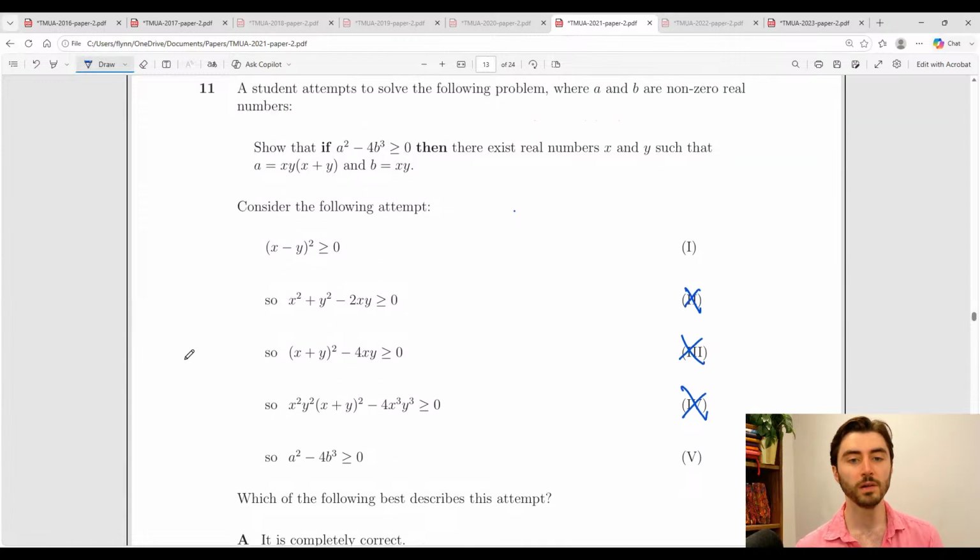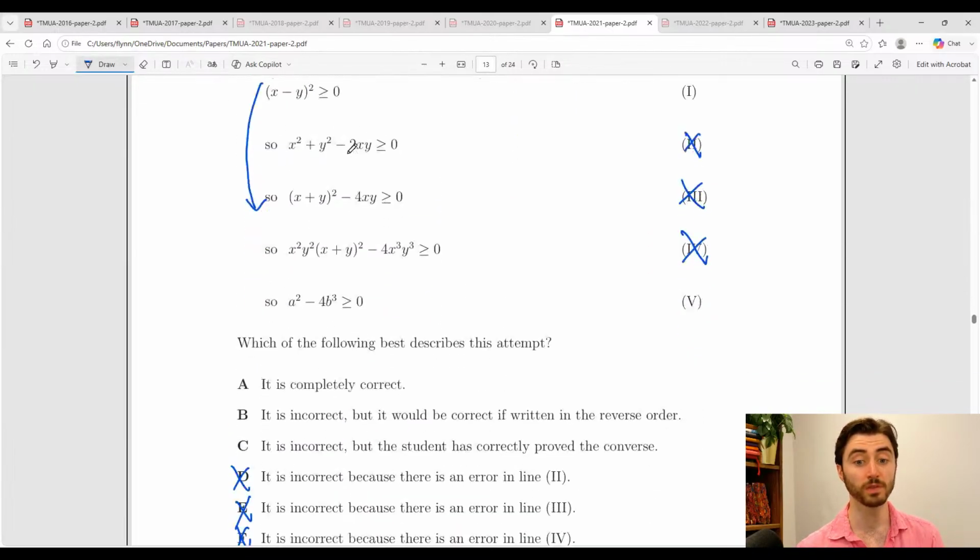The problem here: all of this is a very good start point. But what we've proven is that if these things are true, then a squared minus 4b cubed must be bigger than 0.